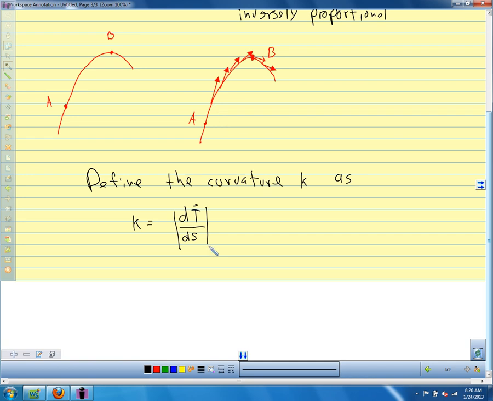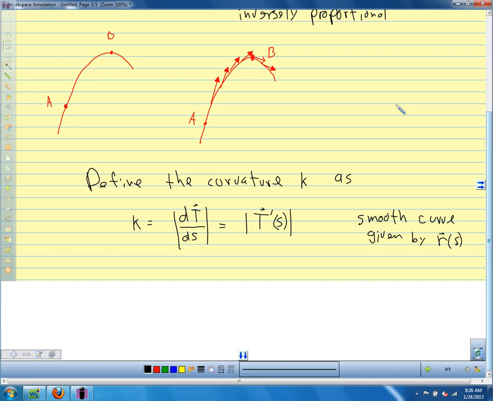So we're using our arc length as our parameter, and we're going to say that this is the magnitude of T prime of S. And this is for a smooth curve given by a vector valued function of S. So we're parameterizing our curve with respect to the arc length.